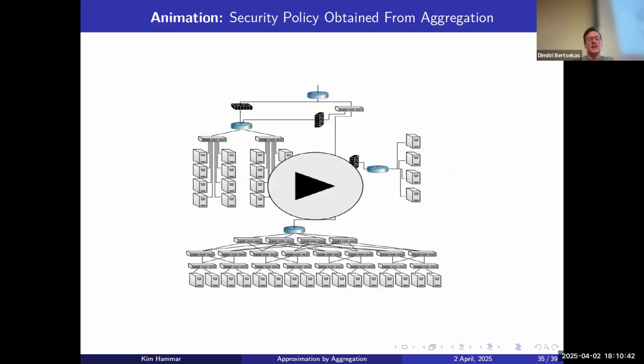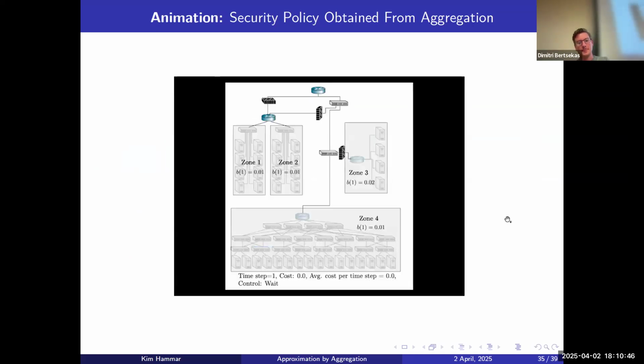Okay, so then I will play the animation. Now you can see that there's already some attacks in the system. And you can see how the beliefs are evolving over time based on the observations that we collect, so the security alerts in this case. It's a little bit hard.